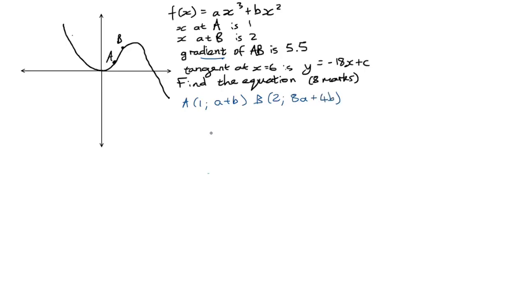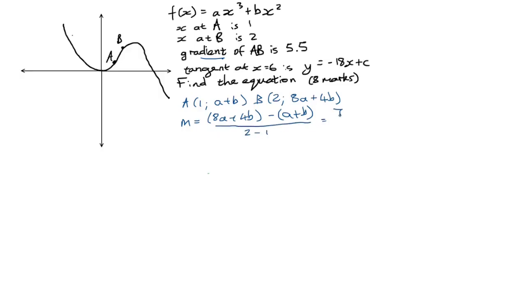So the first thing that I'm going to be using to get going is this gradient. The gradient is the change in y over change in x. I like to just work with the bigger y looking value. So it's the change in y, always keep your brackets to be safe, over the change in x.